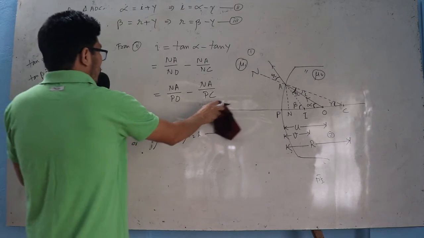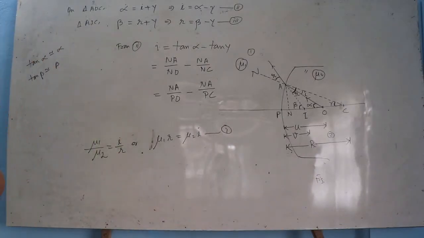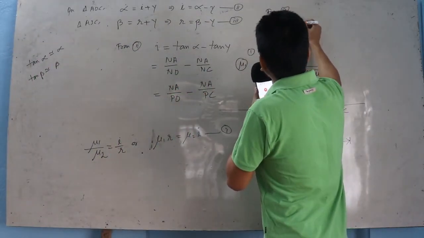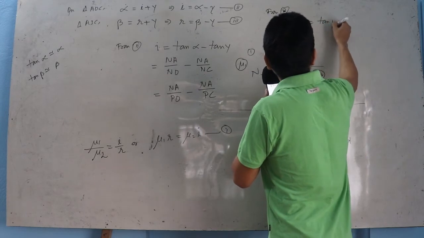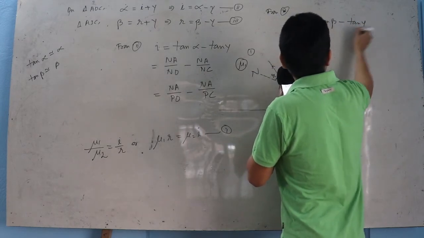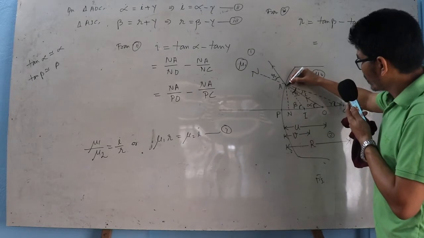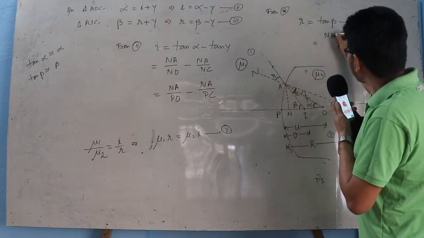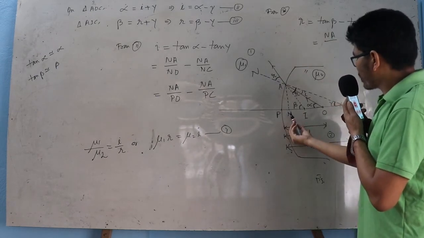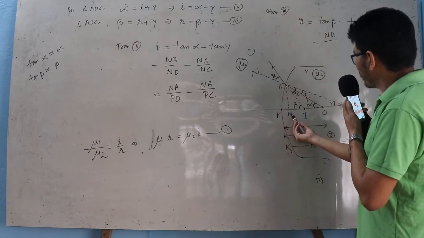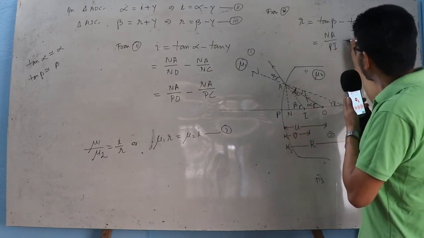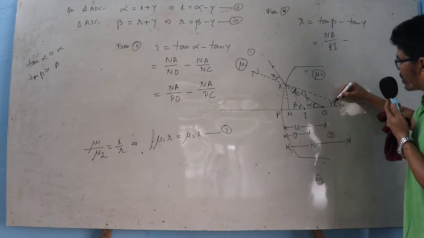So similarly, you get it from this equation 3. So from 3 again, R is going to be tan beta minus tan gamma, which is equal to beta. In this triangle, perpendicular is again NA by base. Base should be NI. So instead of NI, you can write as PI again, minus gamma is here.